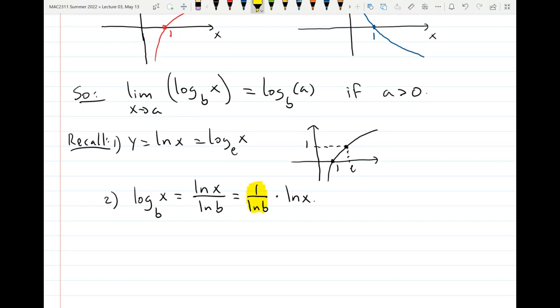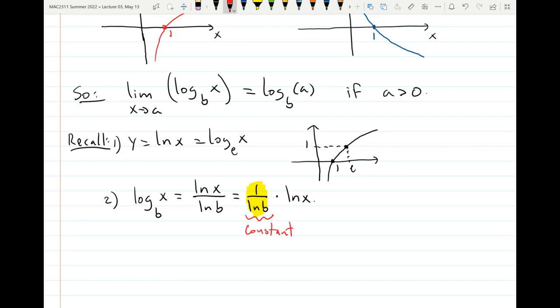So this is a constant. So if you understand the natural log function, then if you want to analyze any other logarithmic function, that's just understanding the natural log times a constant. What constant? 1 over ln of whatever the base is.